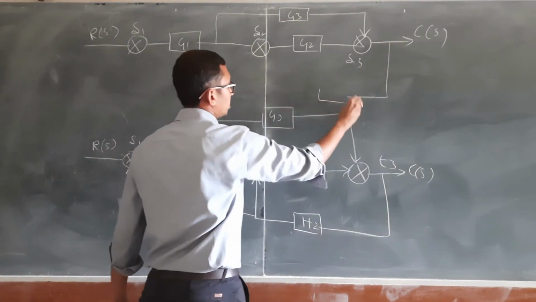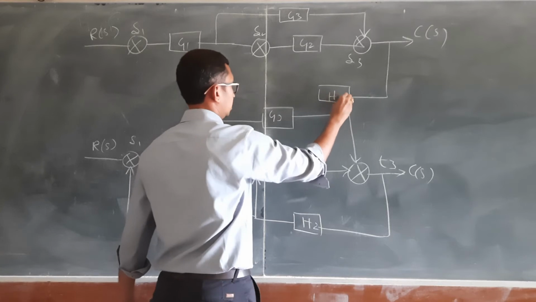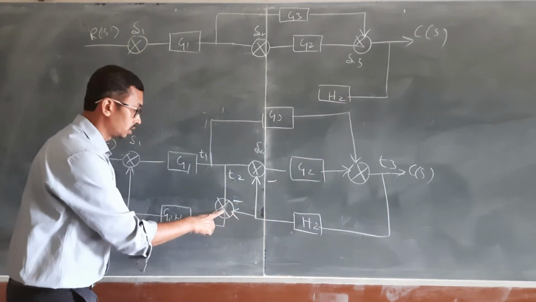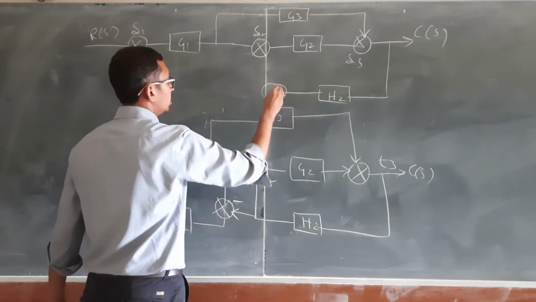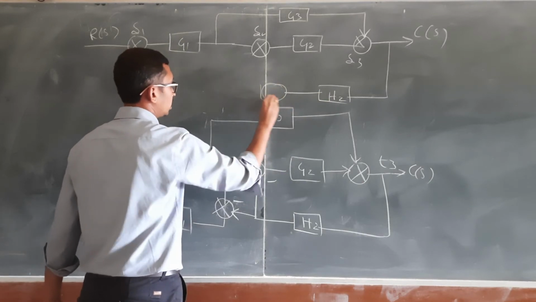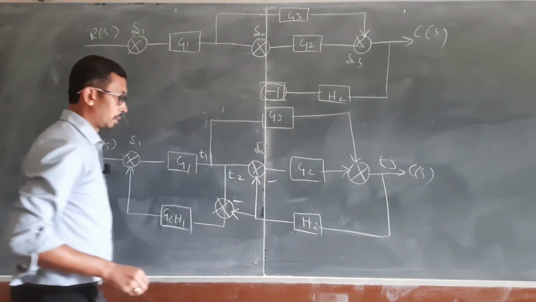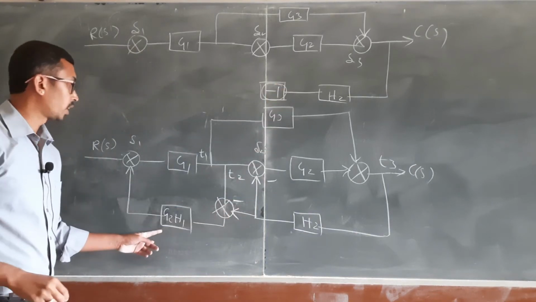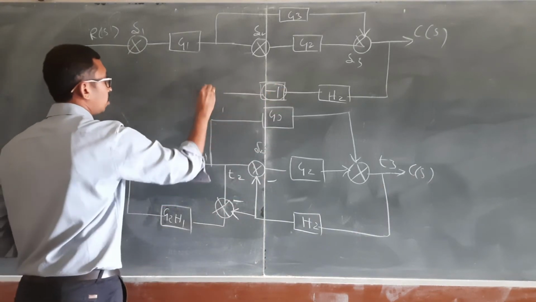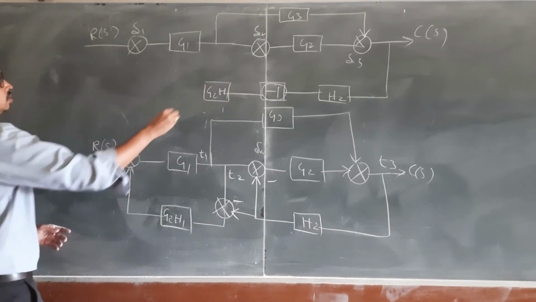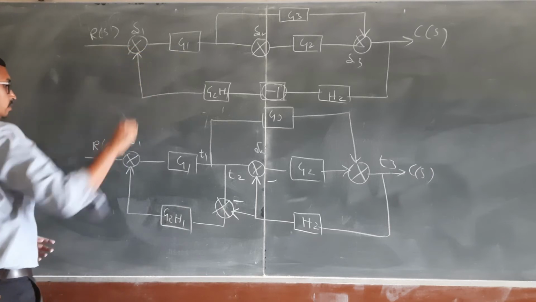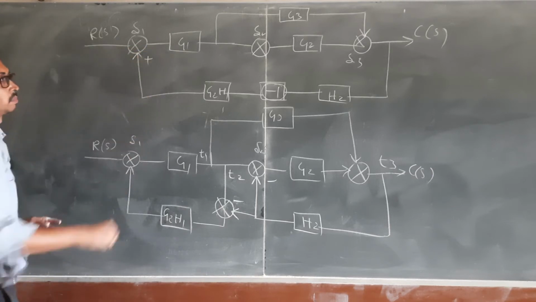First I come across H2, then this summing point with the symbol of -1, so I am going to add a block of -1. Next I will have another block of G2H1. Next there is a summing point. If nothing is there, then it will be a plus.